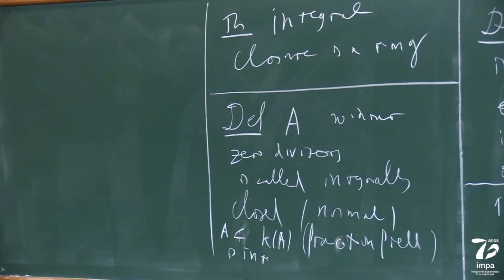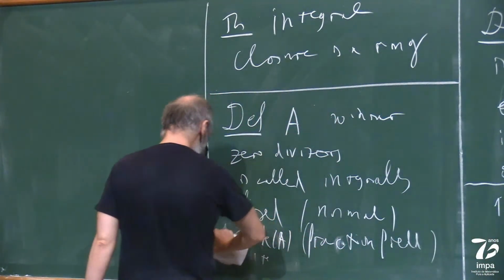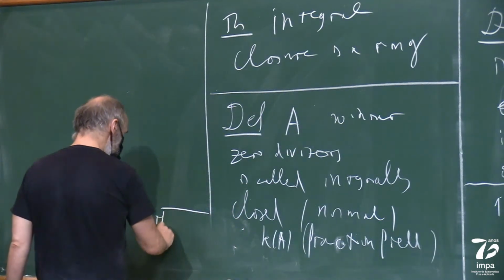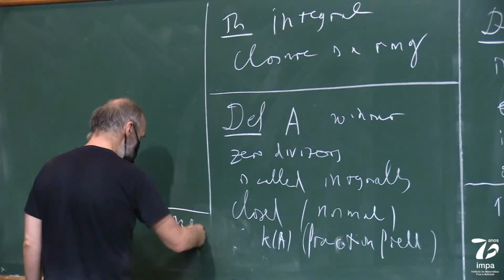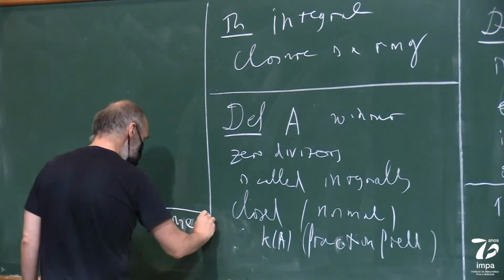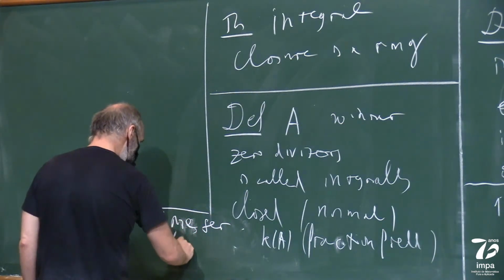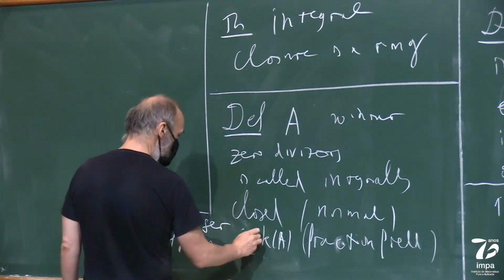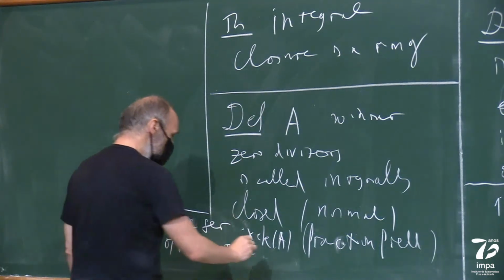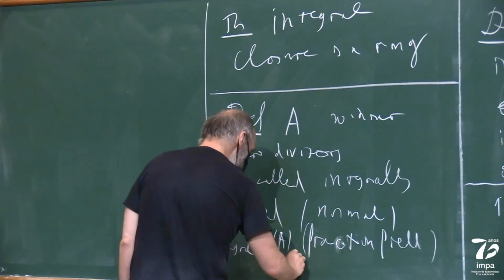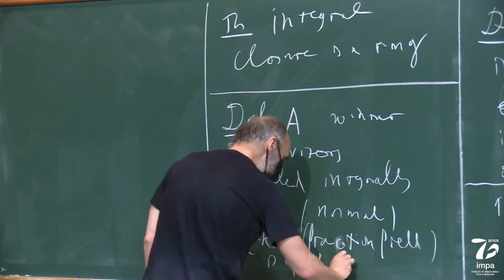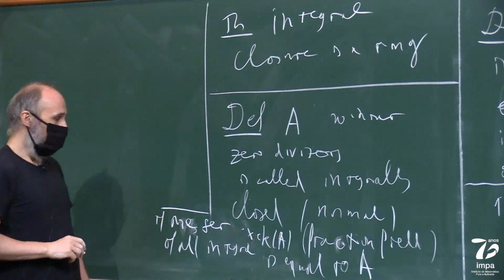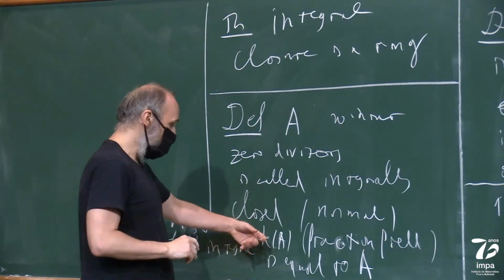In other words, if the set of all integral elements x inside this K of A is equal to A, then A is its own integral closure inside that fraction field.